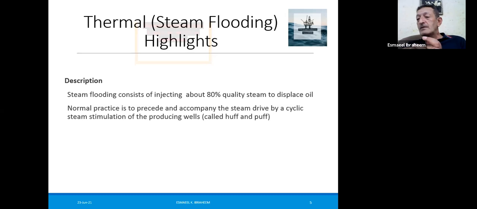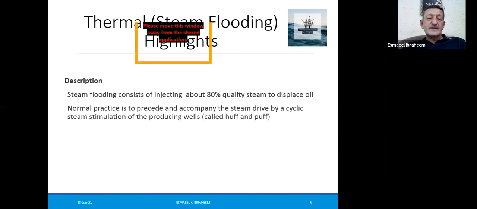What will happen down there? The steam will soak the residual oil, or the leftover oil. Then after that we open the same well where we injected the steam to produce what can be produced from the hydrocarbon left down there.